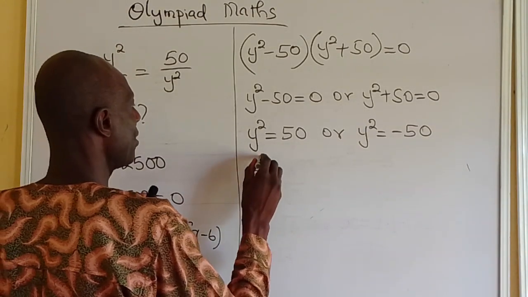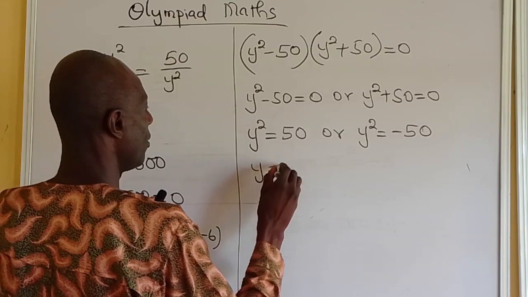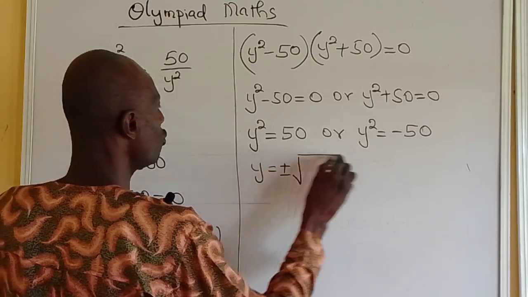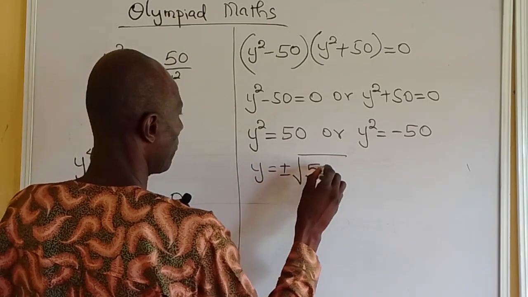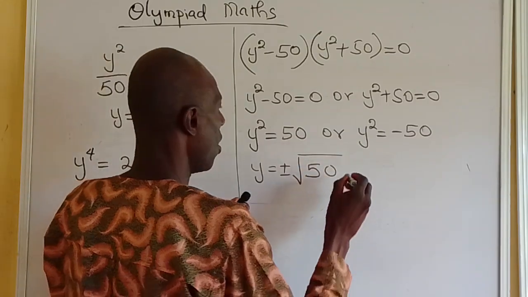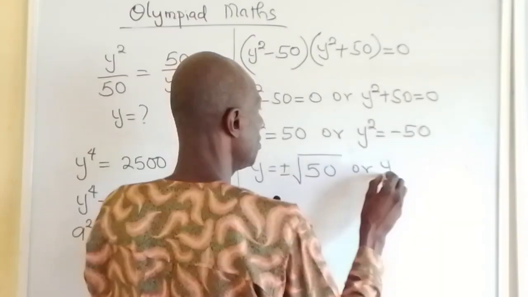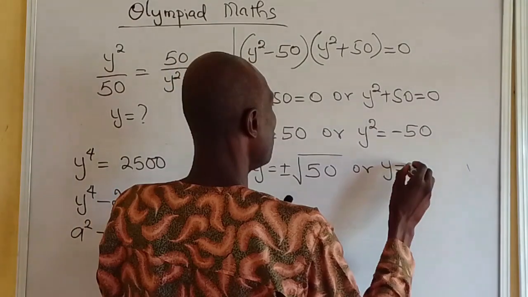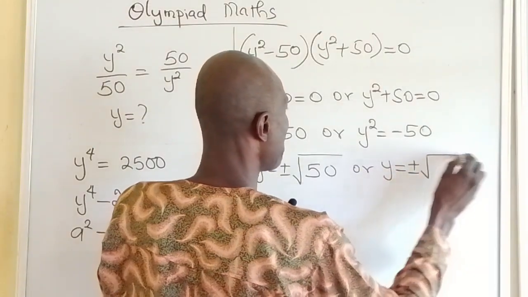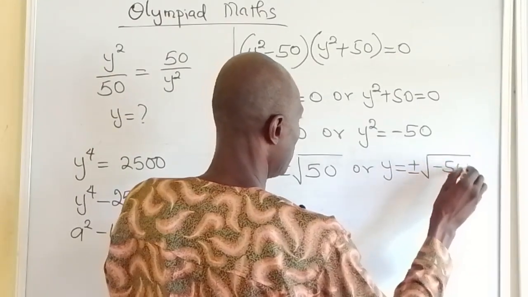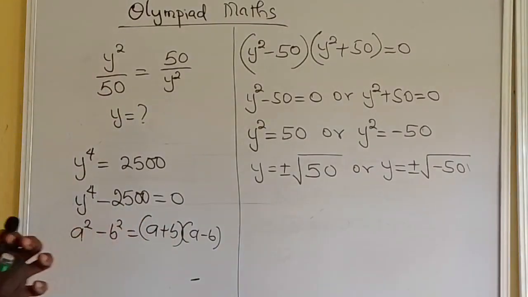So y is equal to plus or minus root 50, or y is equal to plus or minus root minus 50. We can resolve both sides to their basic terms.